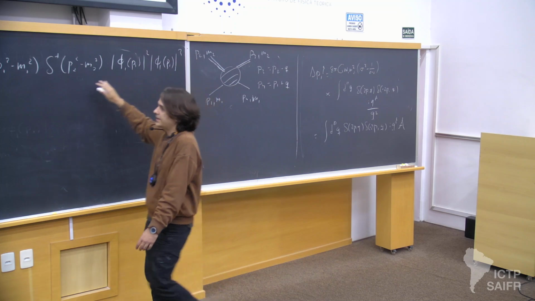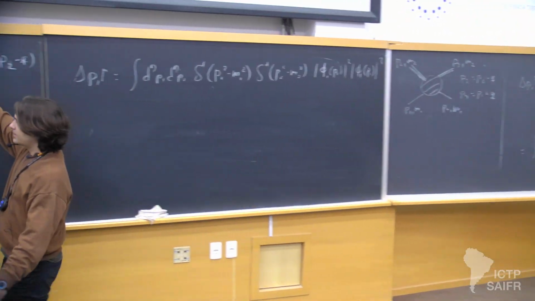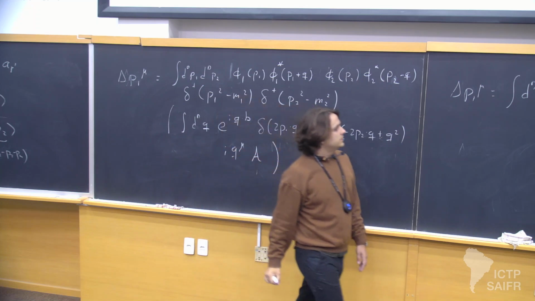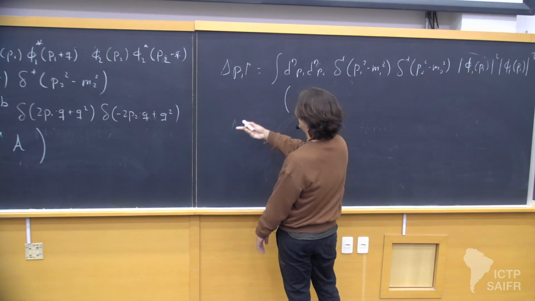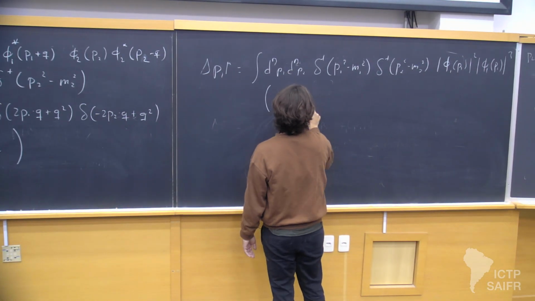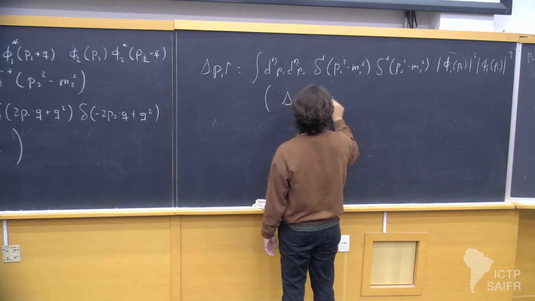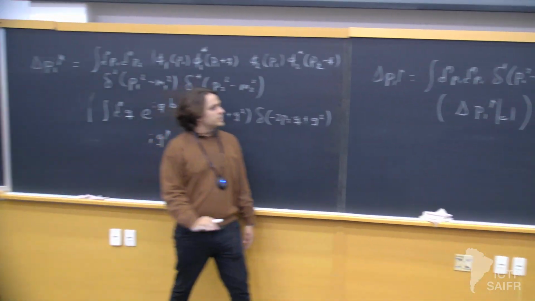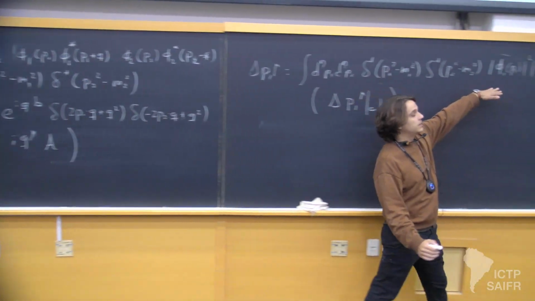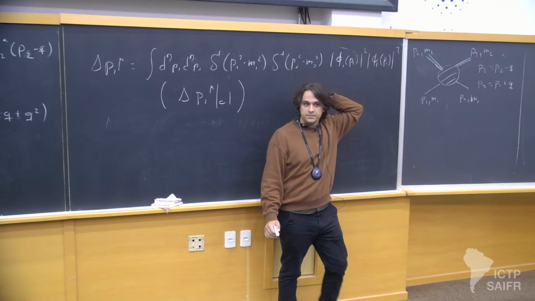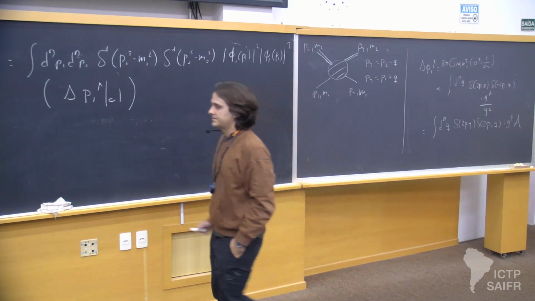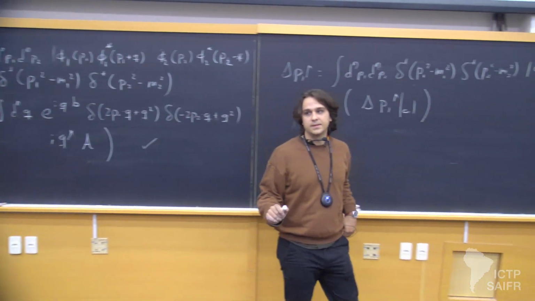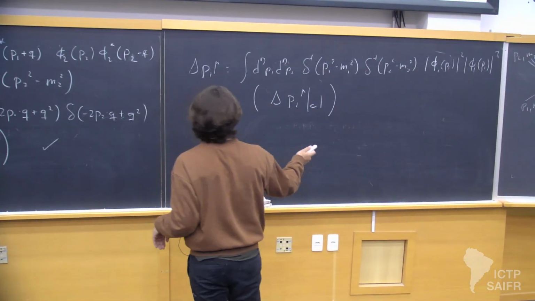So this is just telling me that if I do the calculation in the quantum theory, I will get the classical expectation weighted. So here I will have the P1 mu classical, which was the thing within the parenthesis, weighted by the probability of having this particle in the initial state. So it makes sense. This precisely corresponds to the calculation that we did in the classical theory at leading order. But we dropped another term.